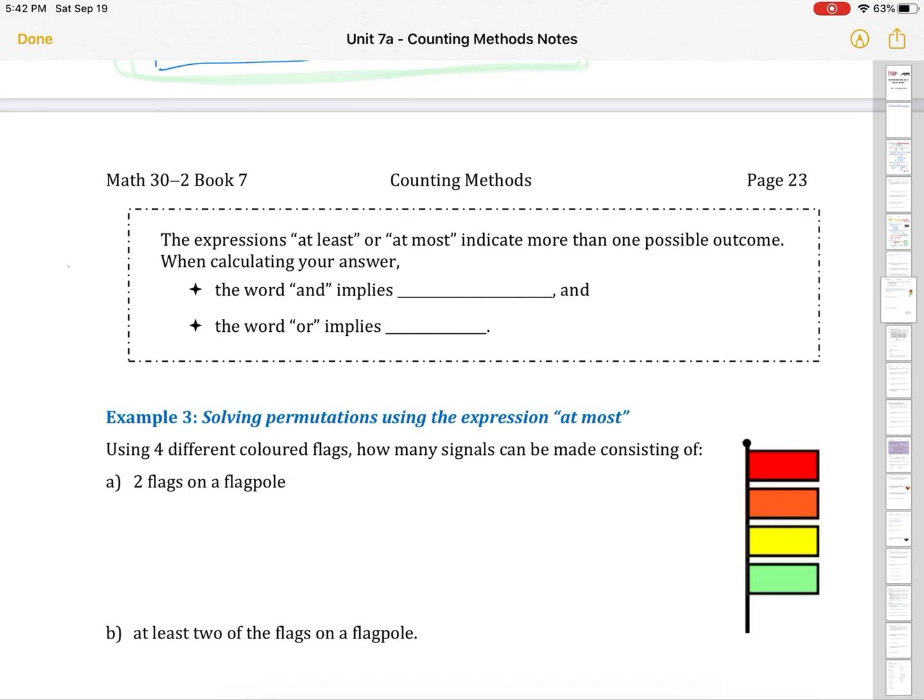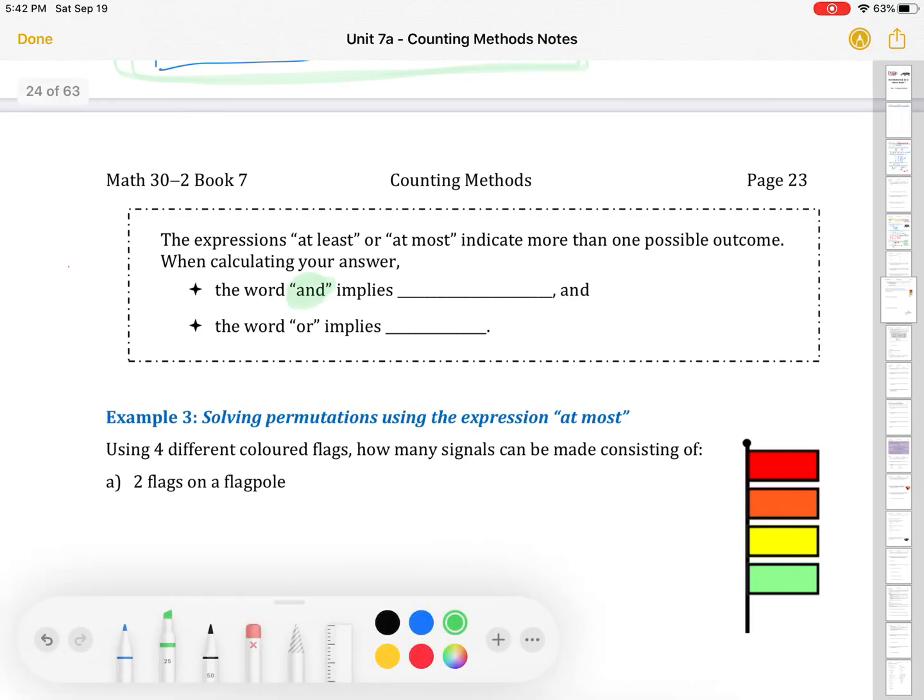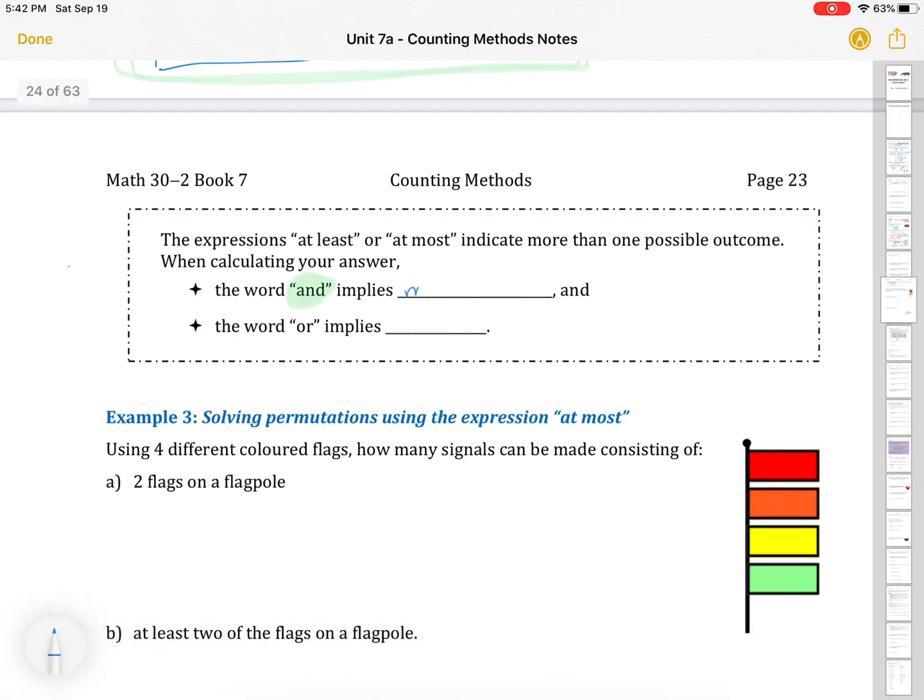Okay? All right. Let's talk about some expressions. The expressions at least or at most indicate one or more than one possible outcome. So it means that there's more than one possible outcome when calculating your answer.